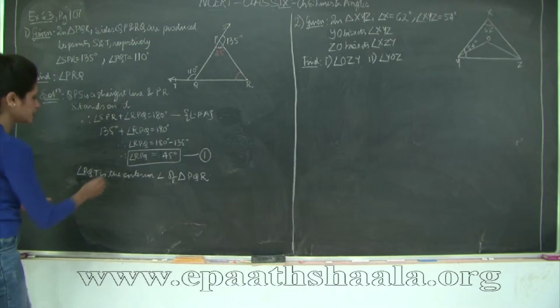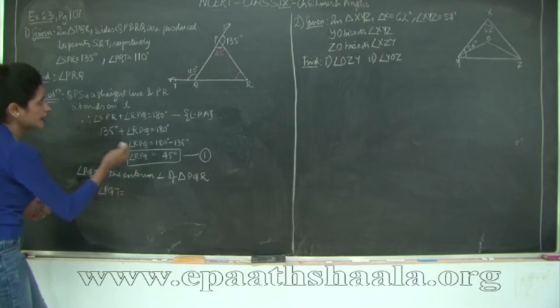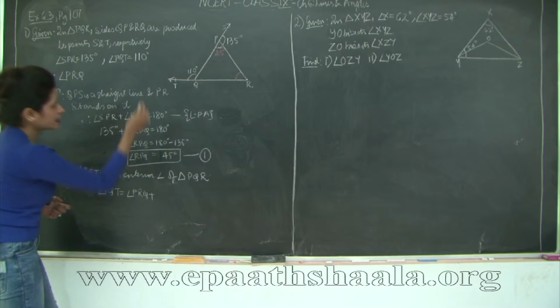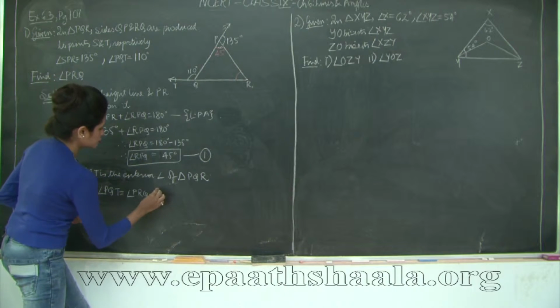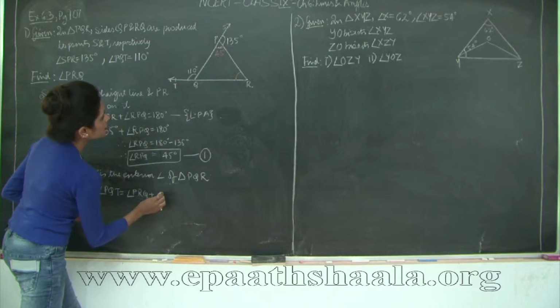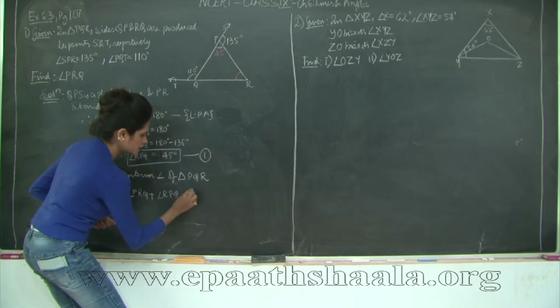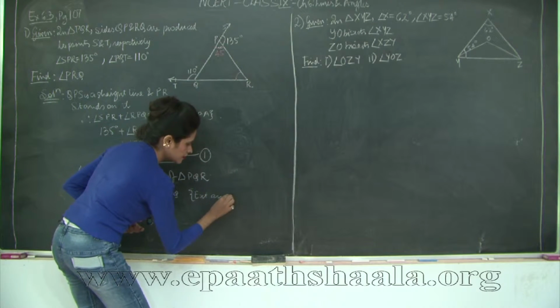Therefore, what do I have? Angle PQT is equal to angle PRQ plus angle QPR or RPQ. Correct? This is through the exterior angle theorem.